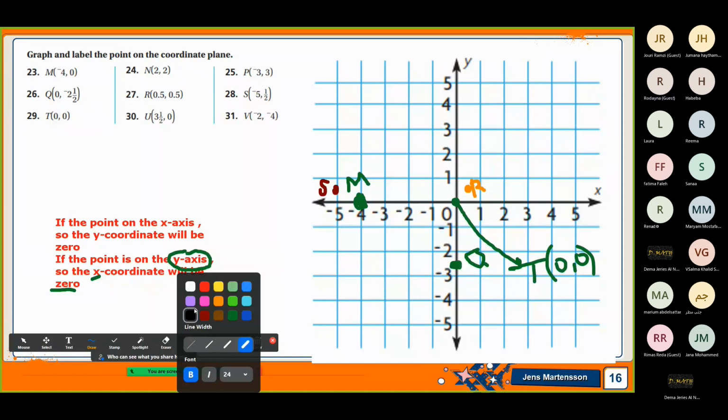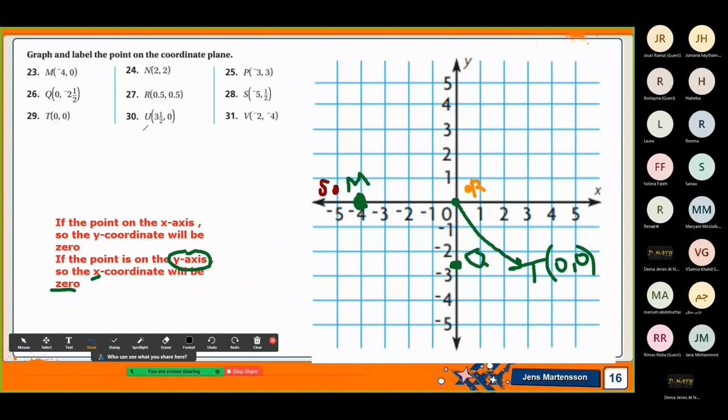Thank you, Rudaina. Now, number 30, with Rimas. 3.5, 0.